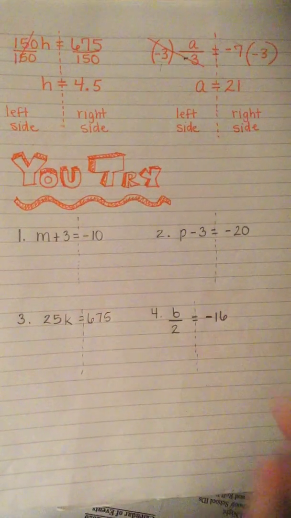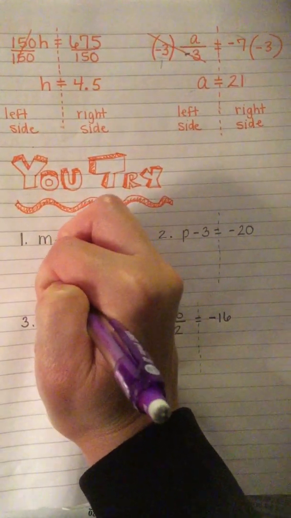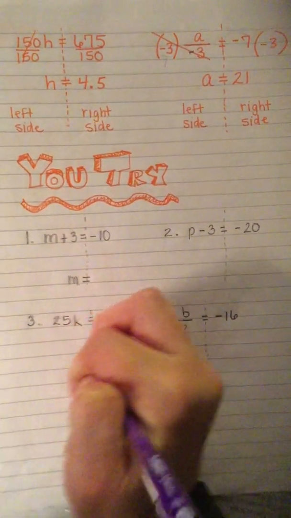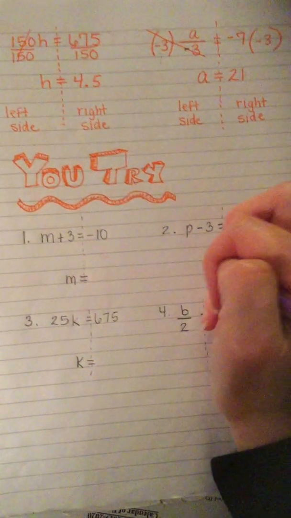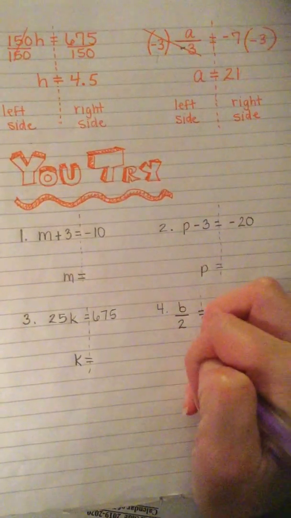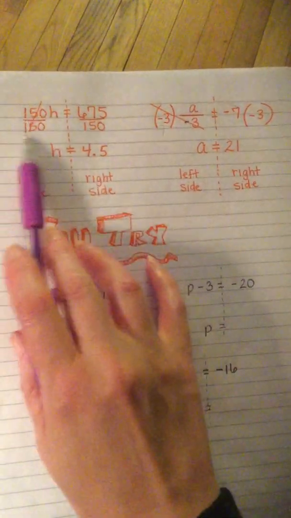So you don't have to do it, but you can. And then your goal is to, in the end, have m equals an amount, k equals an amount, p equals an amount, and b equals an amount. But you have to show this work as well, okay?